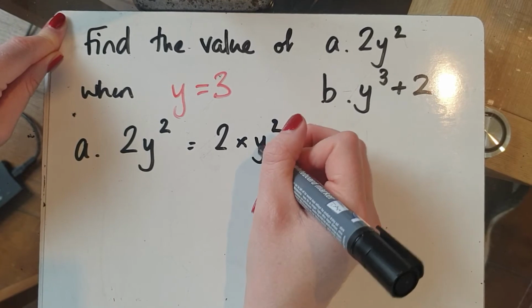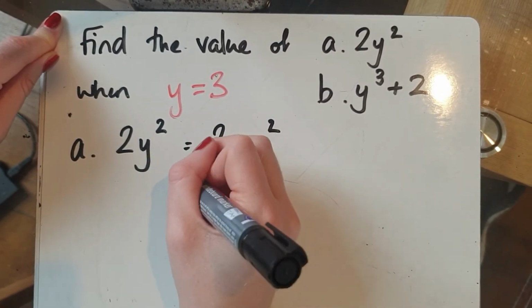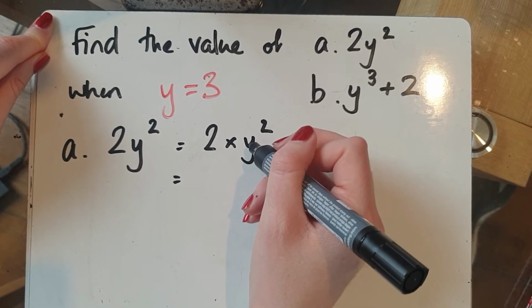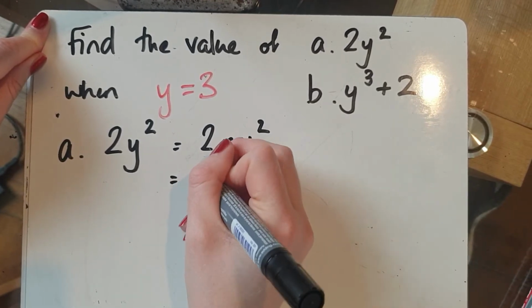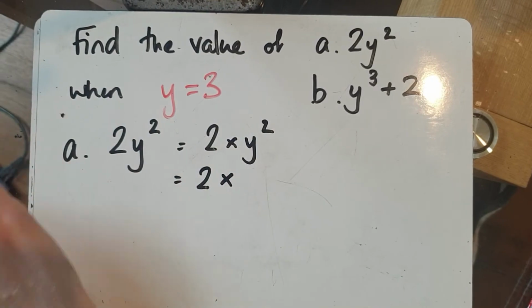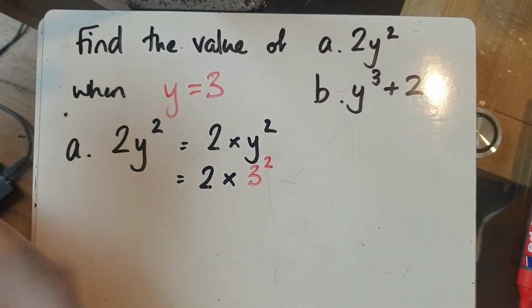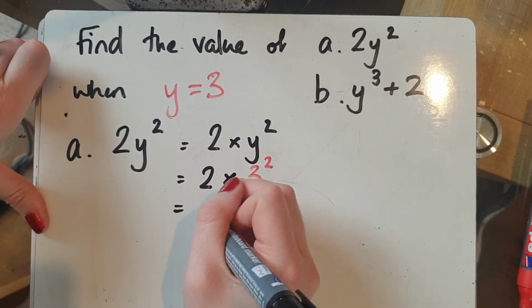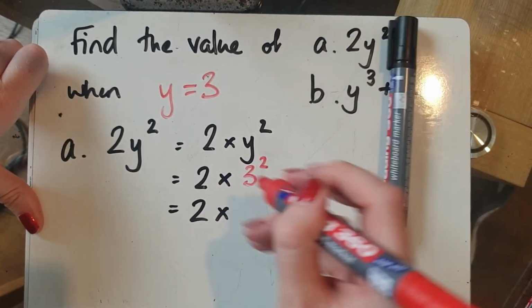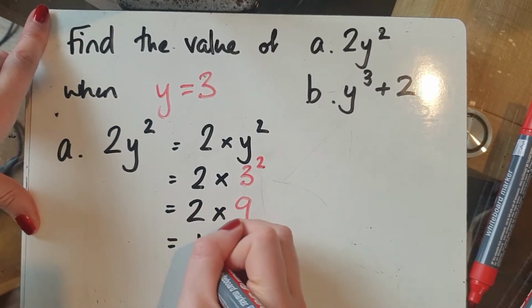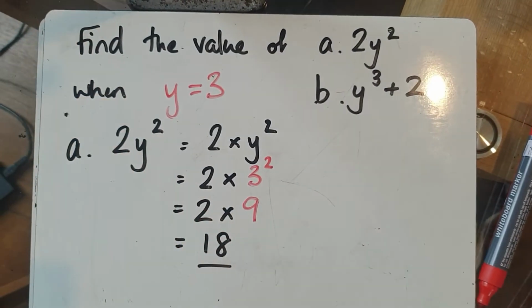So only the y is squared, the 2 is not squared. And we have to do indices first because of order of operations. So what we're really doing is 2 times 3 squared. So we square 3 first to get 9, and then we multiply it by 2. So our answer to the first one is 18.